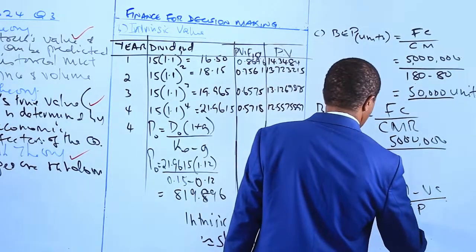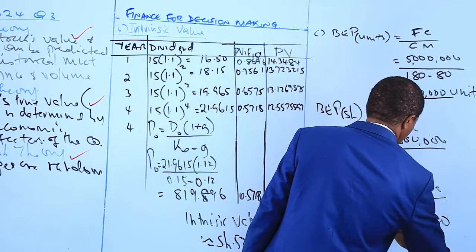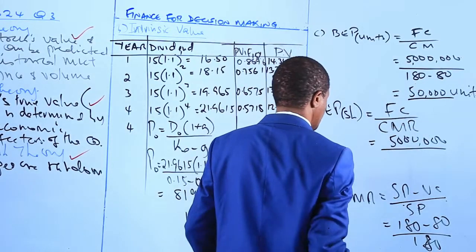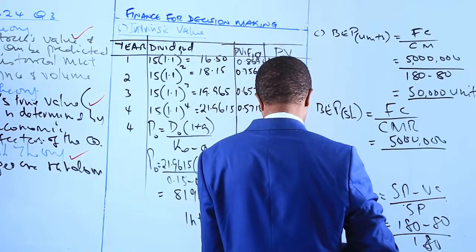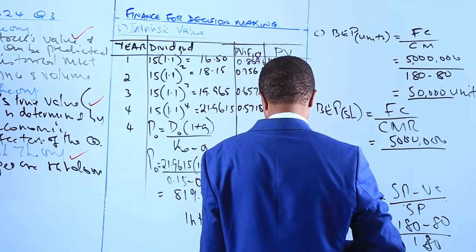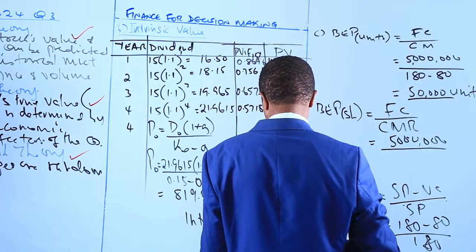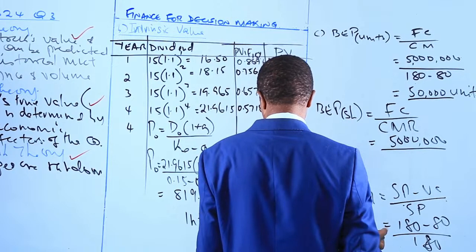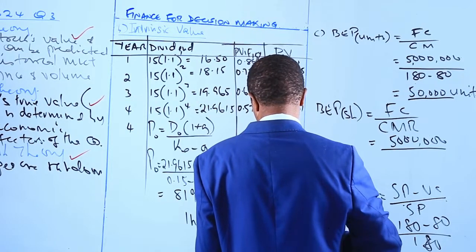So this will be 180 minus 80 over 180. 180 minus 80 is equal to 100. 100 divided by 180 is equal to 0.55555. So we divide the 5 million.